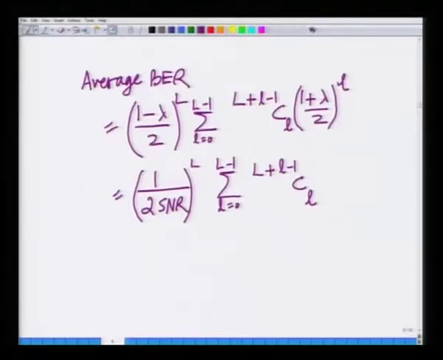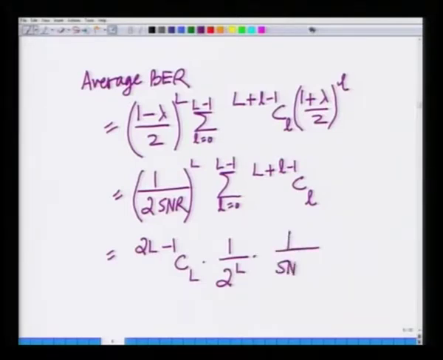So, this simply reduces to the summation L equals 0 to L minus 1, L plus L minus 1 C L, and hence this is 2 L minus 1 choose L, into 1 over 2 to the power of L into 1 over SNR to the power of L.